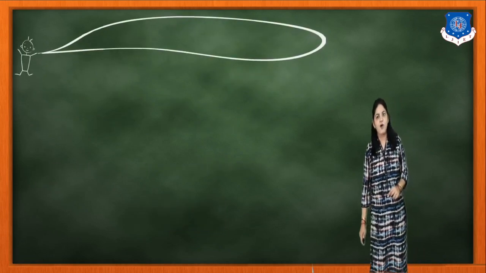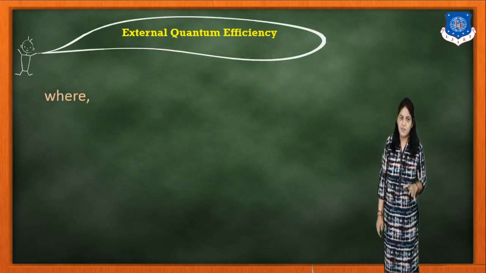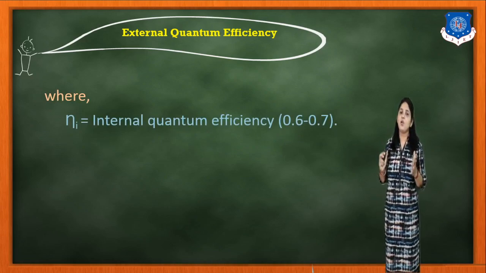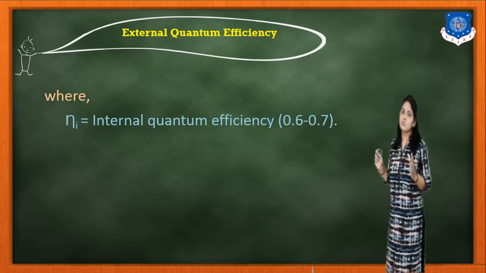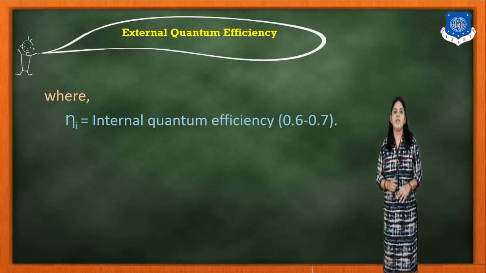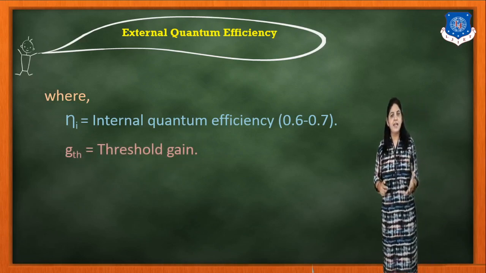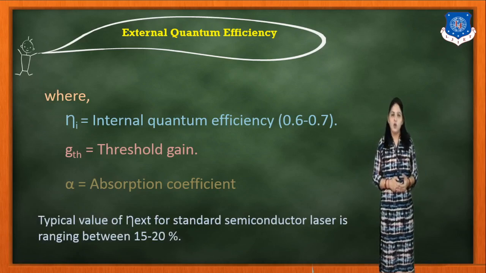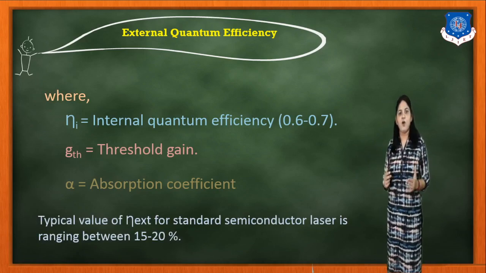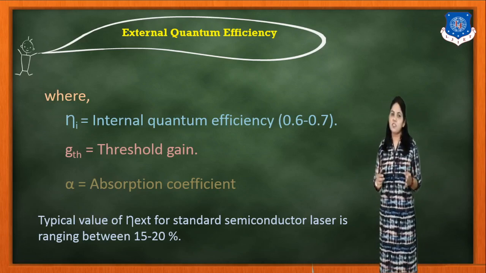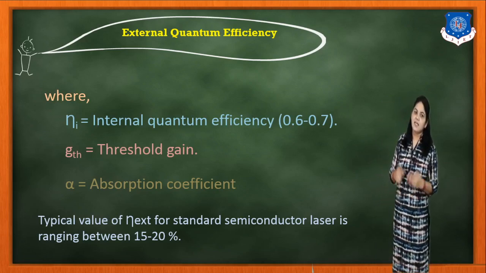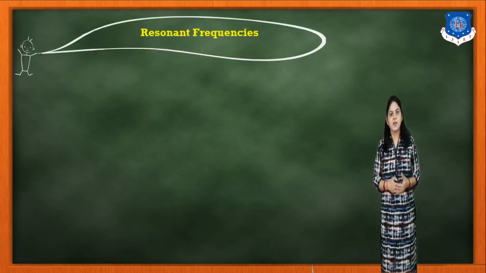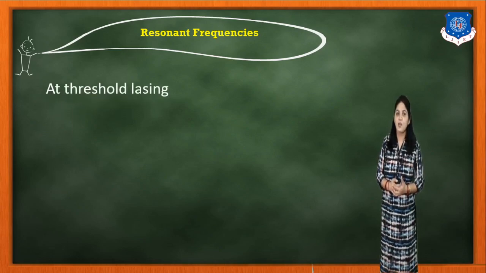So this is the equation for the external quantum efficiency, where eta_I is the internal quantum efficiency, whose value is between 0.6 and 0.7. G_TH is the threshold gain, alpha is the absorption coefficient, and the typical value of eta_ext for a standard semiconductor laser ranges between 15 and 20%.